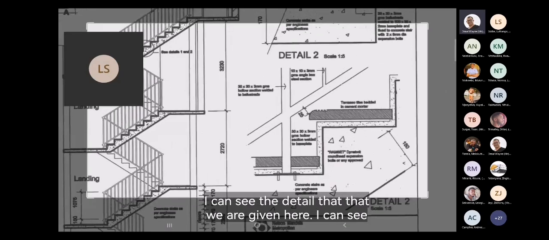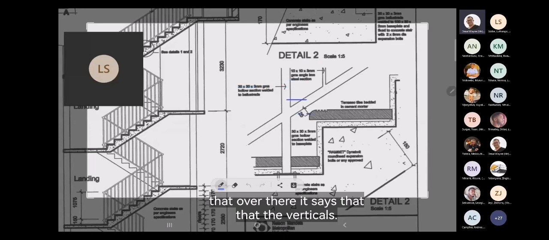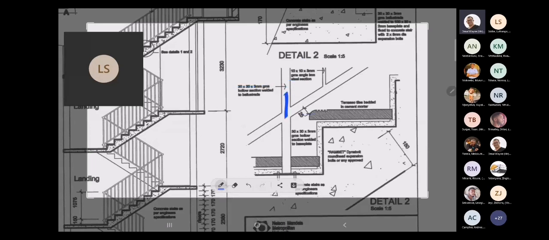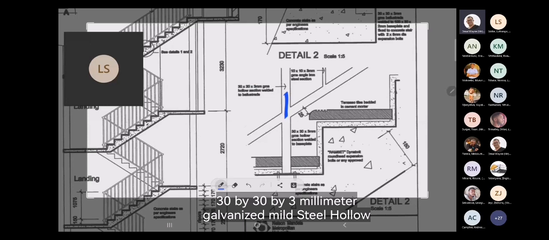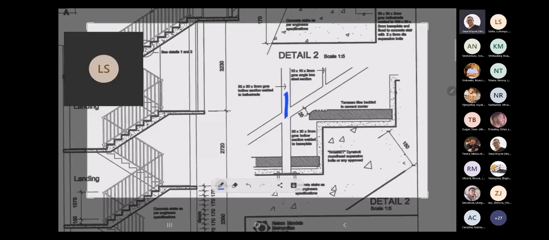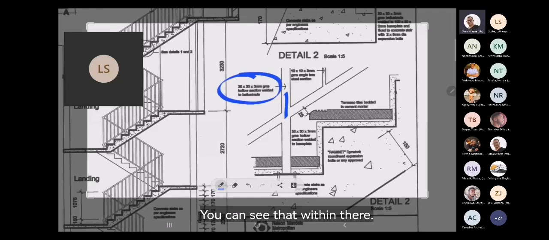I can see that over there it says that the verticals, 30 by 30 by 3 millimeter galvanized mild steel hollow section, welded to balustrades. You can see that's written there.